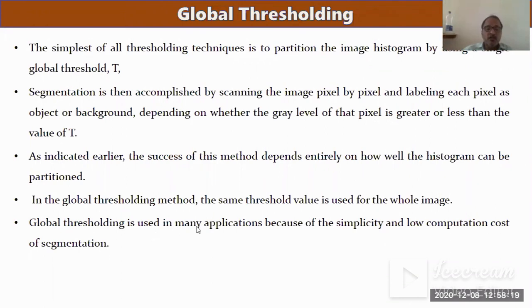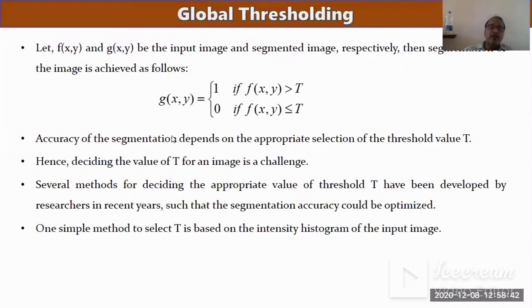Global thresholding is used in many applications because of its simplicity and low computational cost. म्हणजे हे ग्लोबल थ्रेशोल्डिंग सगळ्यात जास्त वापरलं जाणारं टेक्निक आहे. It is very simple and most importantly it requires very little computation and processing. So that's why global thresholding is one of the important techniques.